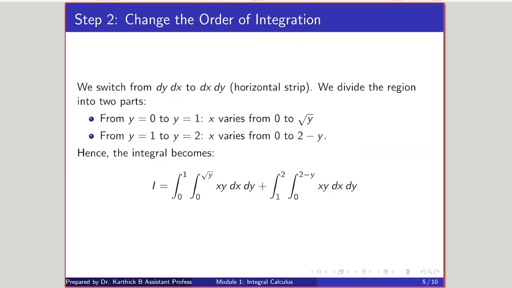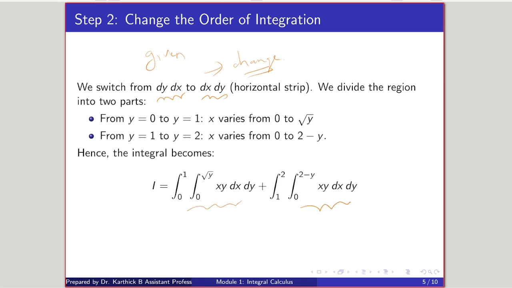With this we get two integrals with the same function. Now the order is changed into dx dy; previously it was given as dy dx. So now we have to evaluate each of the regions separately.